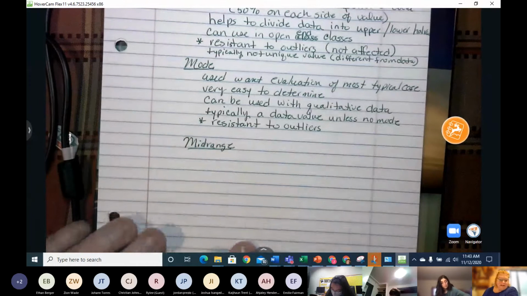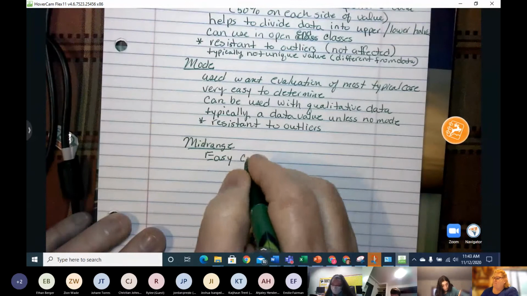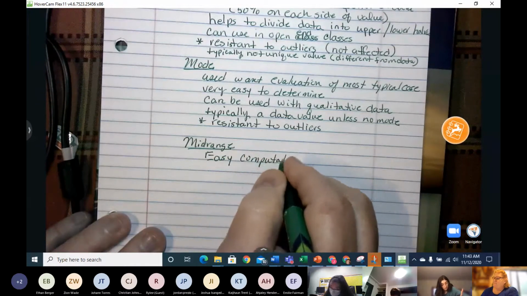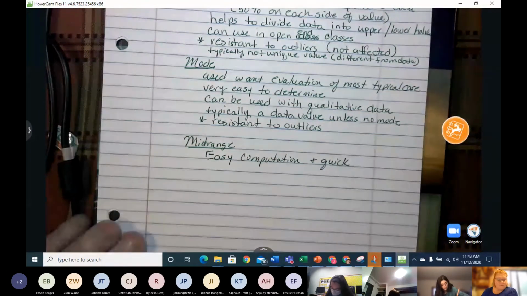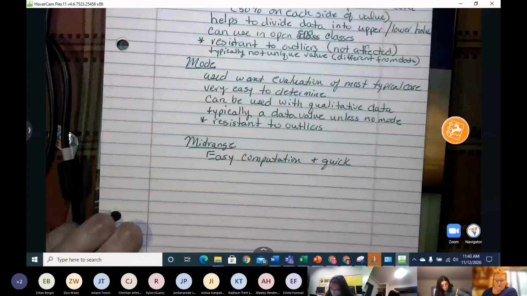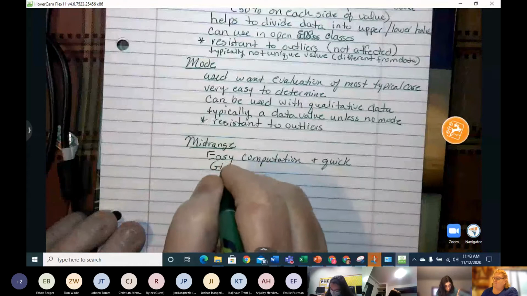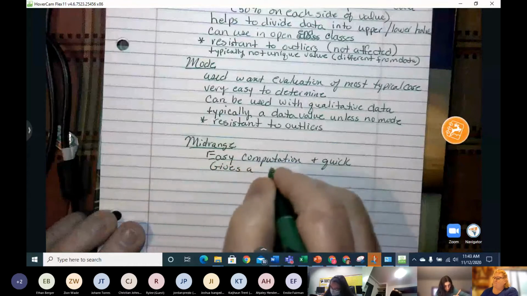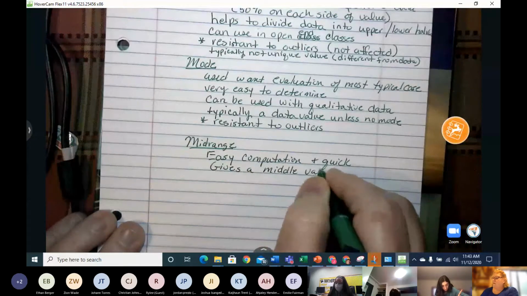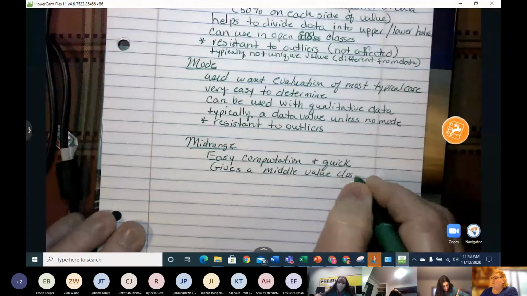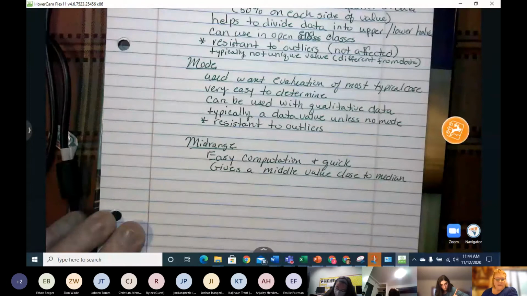And last, with the mid-range, it's an easy computation. And pretty quick to do. It gives you a middle value that is close to the median.